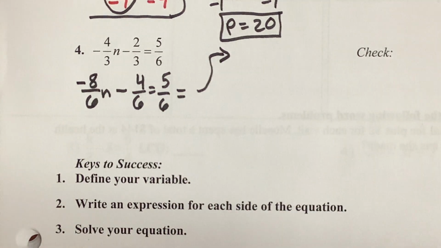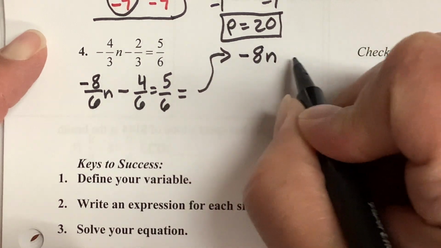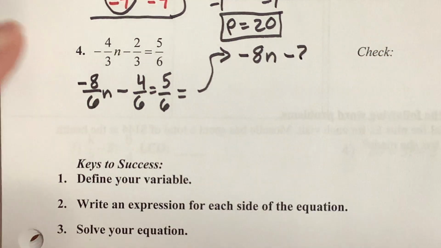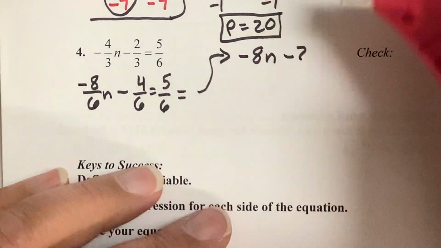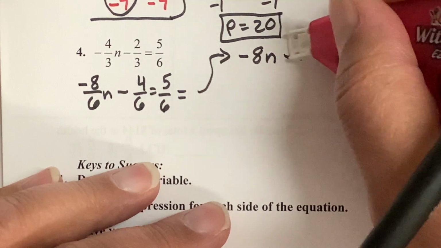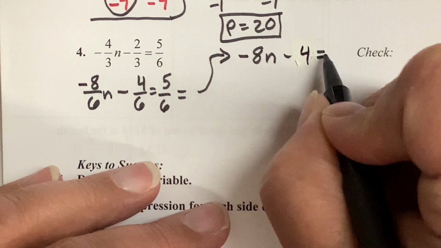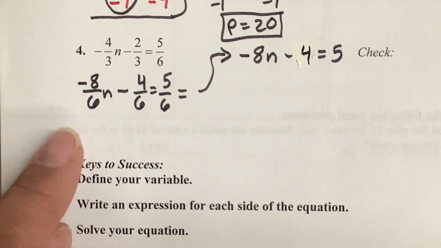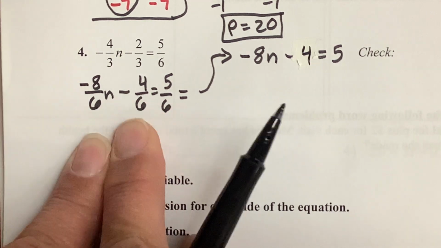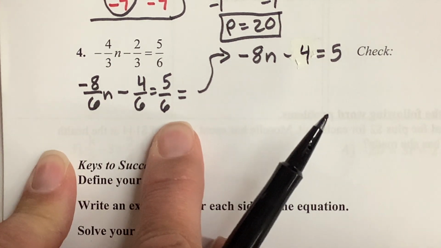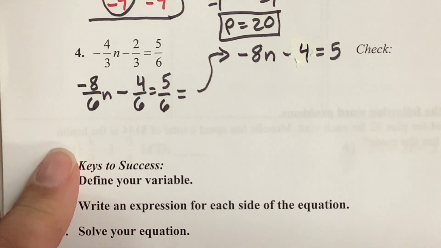I'm going to solve the two-step equation, -8n minus 4 equals 5. All I did was take the numerators here. -8n minus 4 equals 5. When I have the same denominator on the bottom, I only have to deal with the numerators. Math magic.